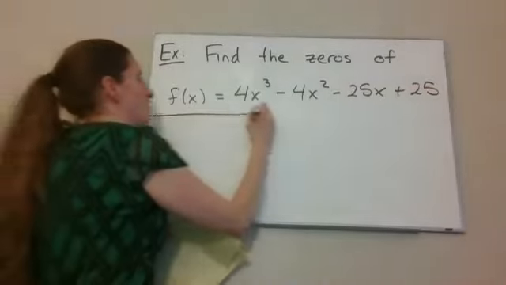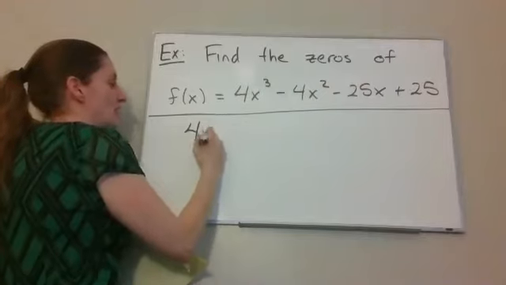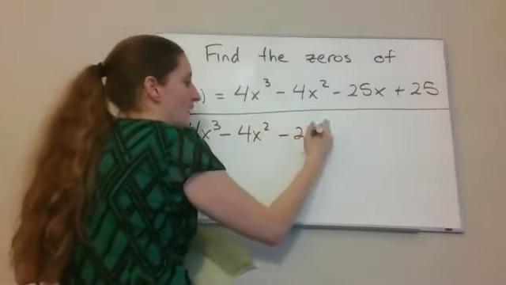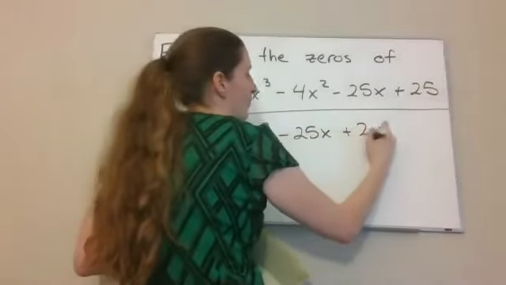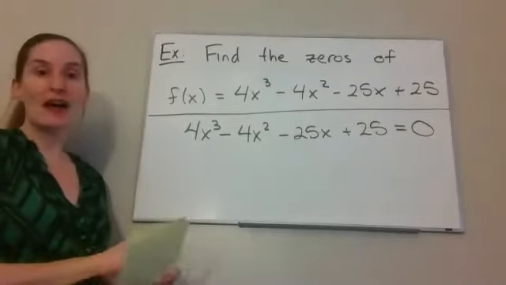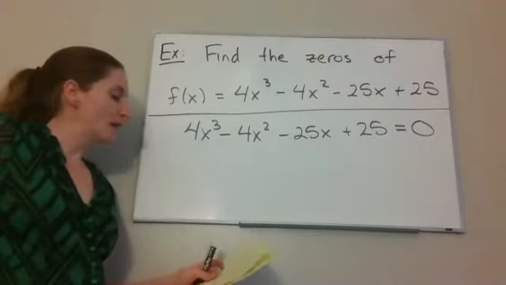So what I need to do to find my zeros is solve the equation 4x to the third minus 4x squared minus 25x plus 25 equals 0. And my solutions to that will be the zeros of this polynomial. So how do we solve this?